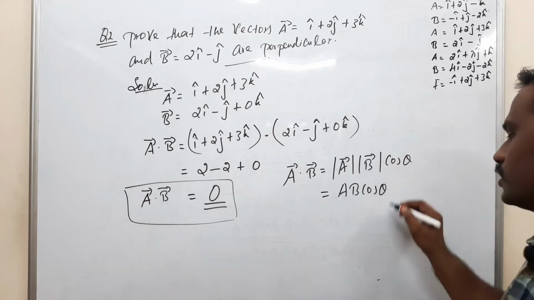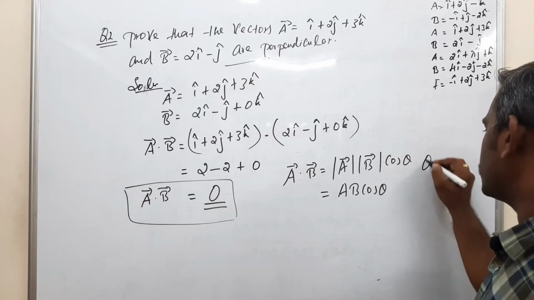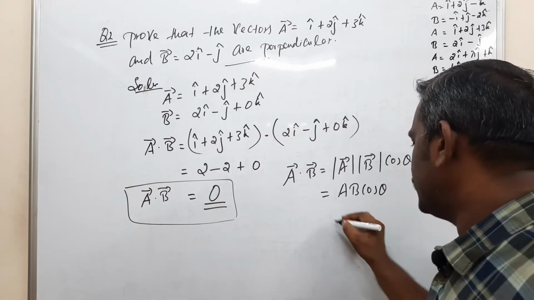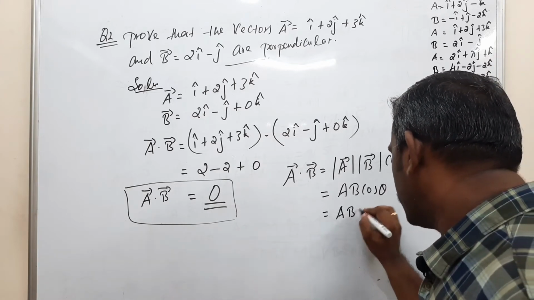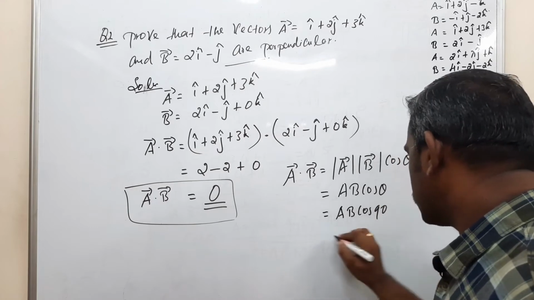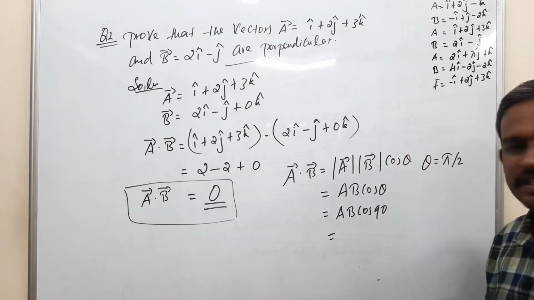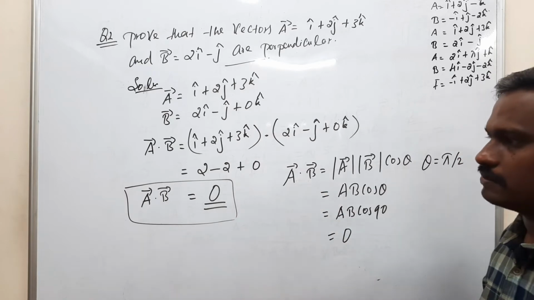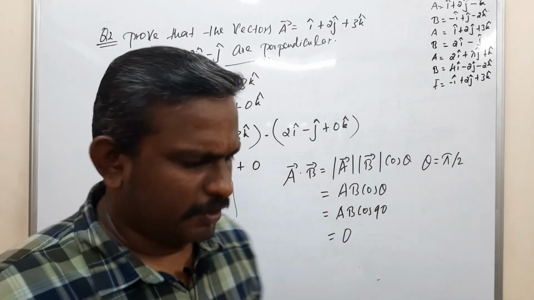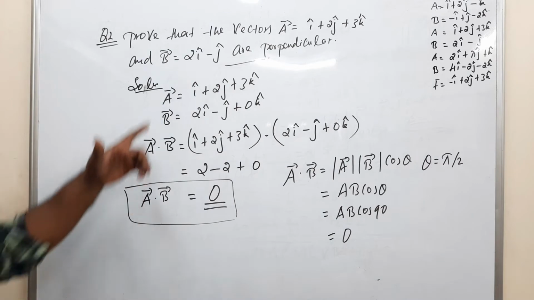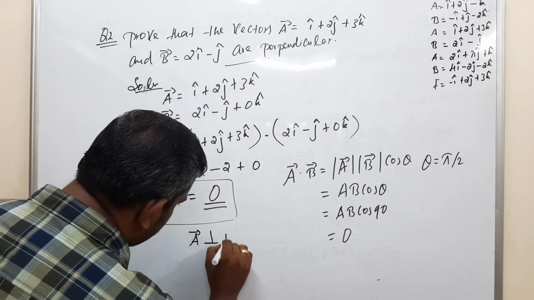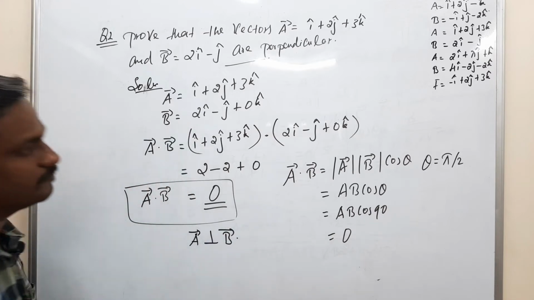If theta is equal to 90 degree, that is pi by 2, then it equals AB cos 90. Cos 90 is 0, so we will get 0. So A vector dot B vector is equal to 0. If the dot product is equal to 0, we can say that A vector is perpendicular to B vector. Okay?